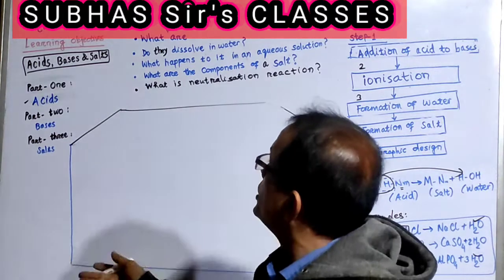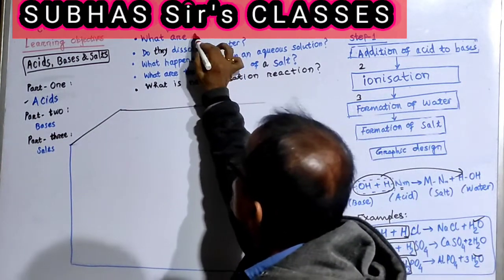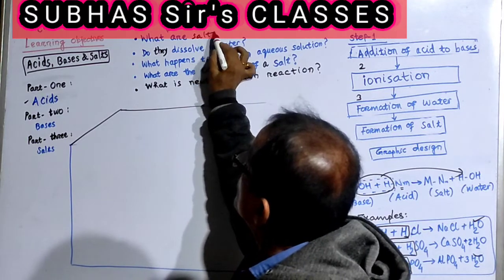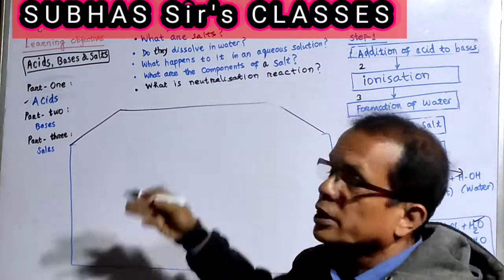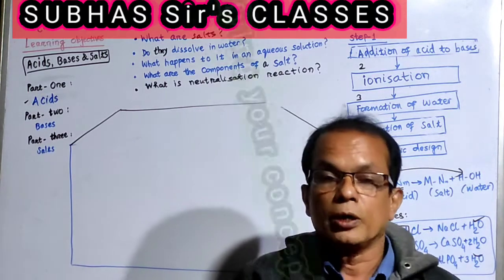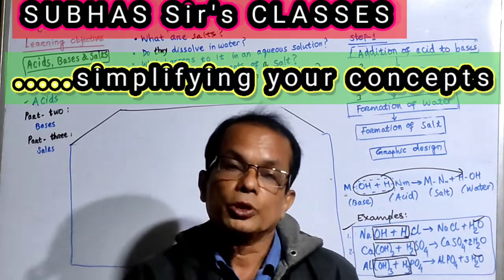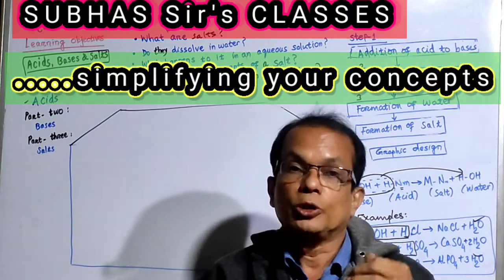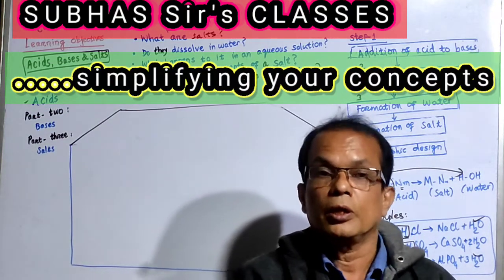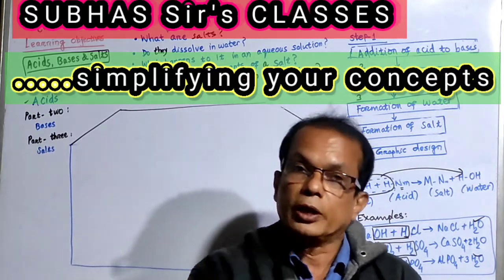And with this we have covered what are salts, whether they dissolve in water. You know, salts contain metallic part and non-metallic part. When you add them with water, the H+ of the water combines with the non-metallic part, and the OH- part of water combines with the metallic part.